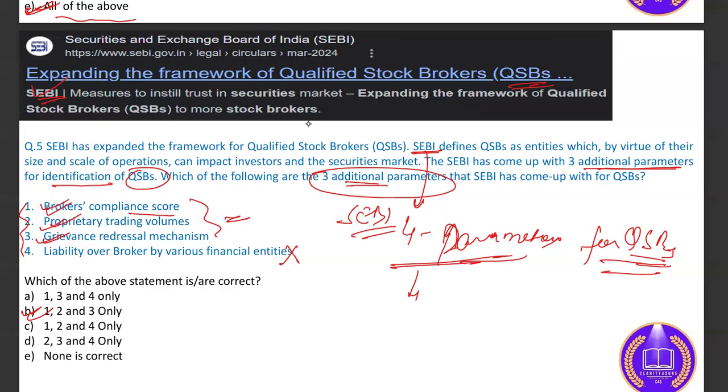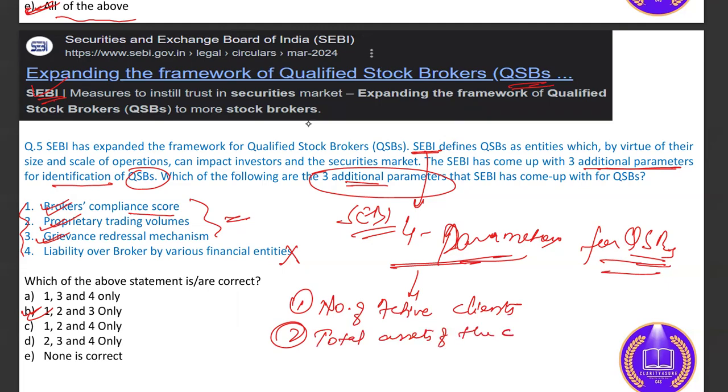So what are these 4 parameters? The first one, number of active clients with the QSBs. The second one, total assets of the clients with the broker. The third one, brokers' trading volume.